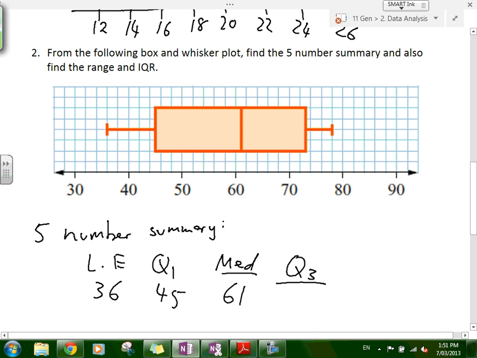Instead of 73, it really doesn't matter too much. Plus or minus 2 or 3 in these sort of questions is not going to be big. Right? You clearly understand where it is. And then the upper extreme is what, Brad?